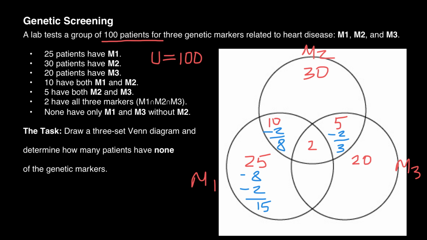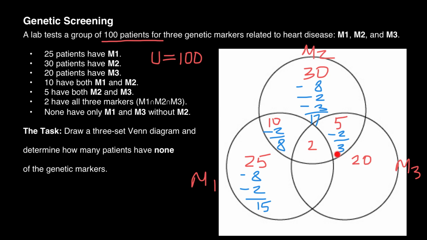This number would stand for this intersection here. So now we can find the number of people who belong to this sector. This circle consists of this sector, this, and this. So in order to find the number of people who belong to this sector, we just have to deduct this sector, this, and this. So 30 minus 8, minus 2, and minus 3. So the number is going to be 17.